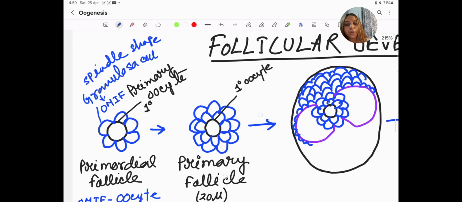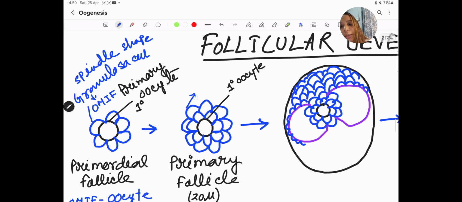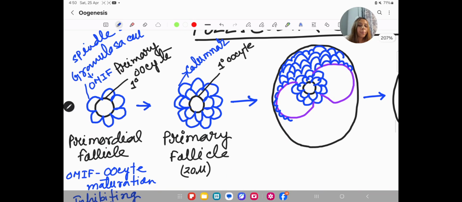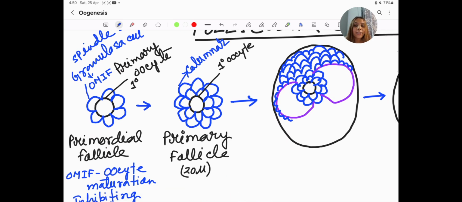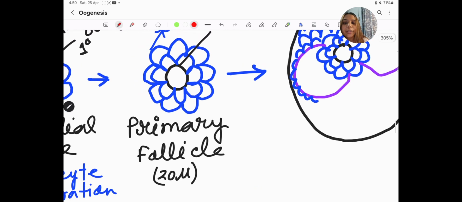Another very important layer also occurs, the zona pellucida.